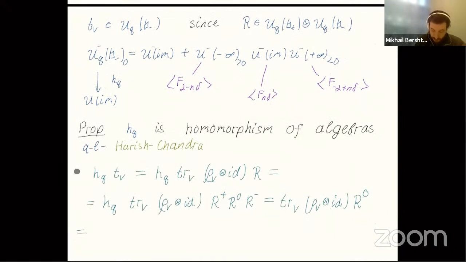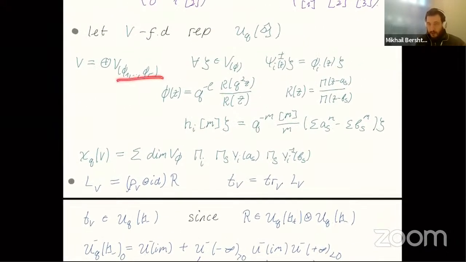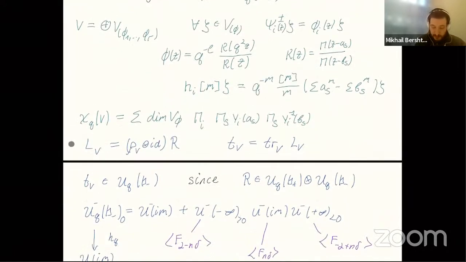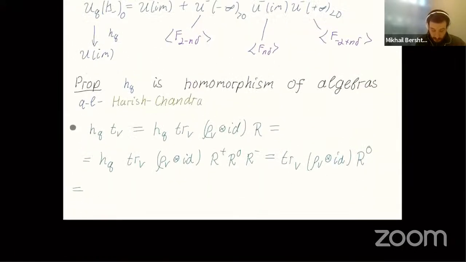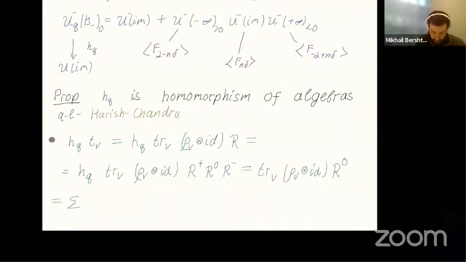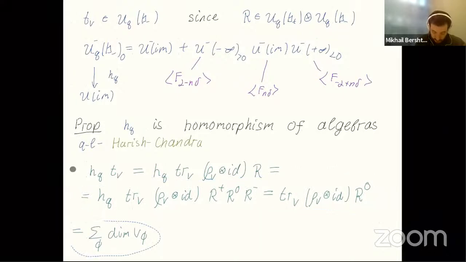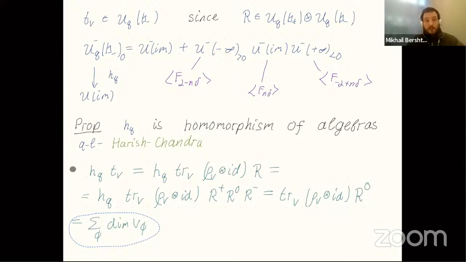Now we recall that V is a direct sum of weight subspaces, subspaces which consist of eigenvectors with respect to this Heisenberg algebra. So we get a summation over this function phi, times the dimension of this V_phi. And probably I can even now write the formula which you expect.